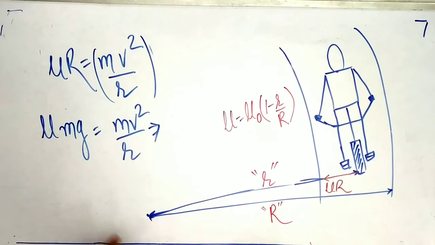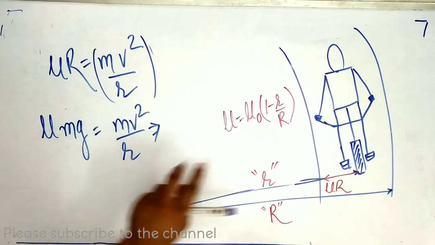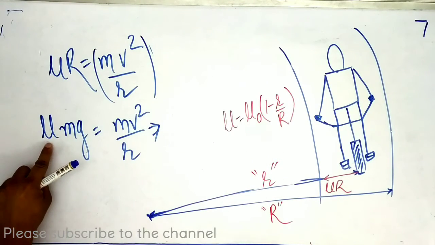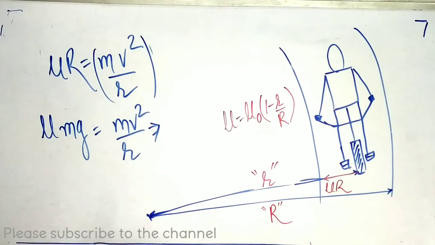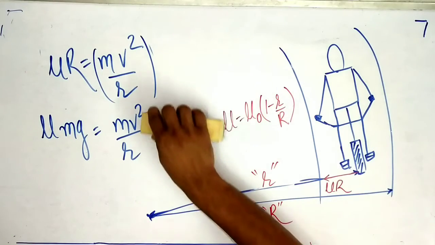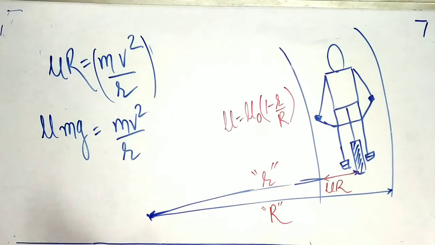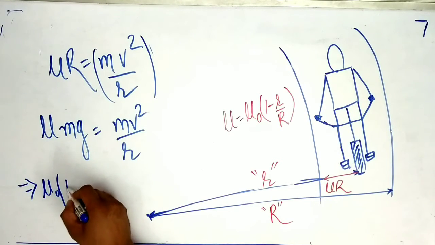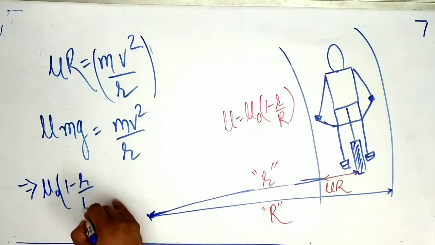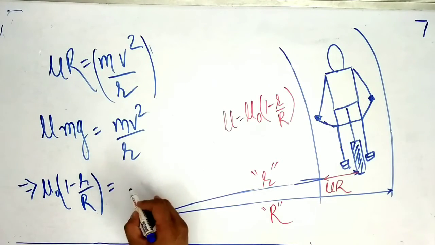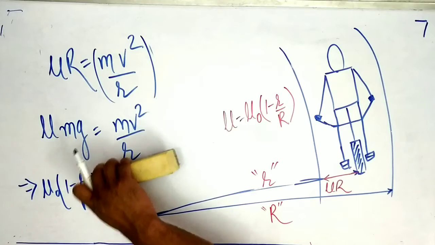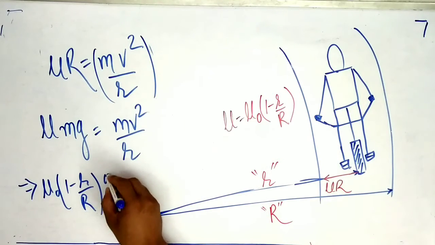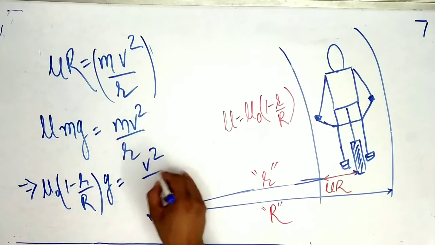This equation just helps us change the value here, and we arrive at mu naught into 1 minus r by R is equal to v square divided by r.